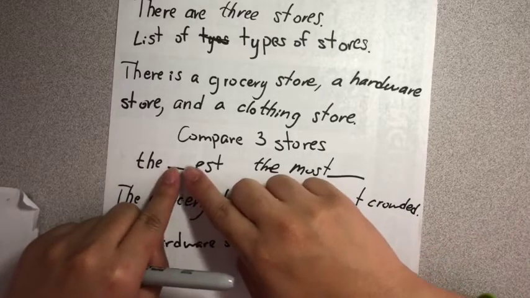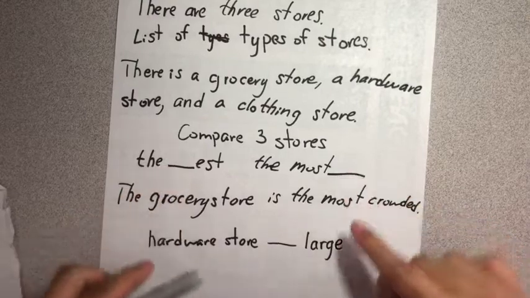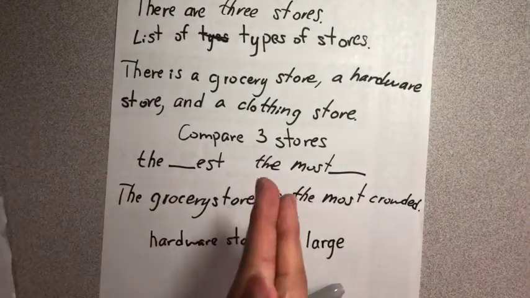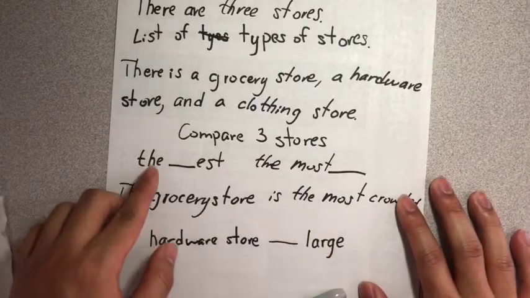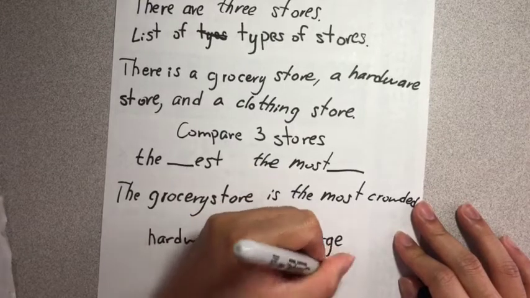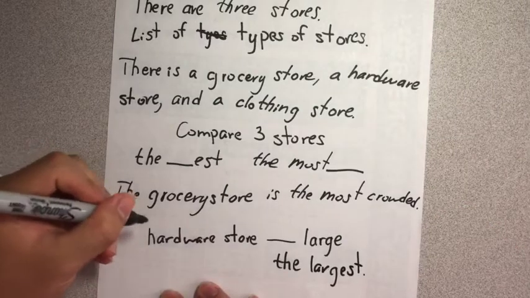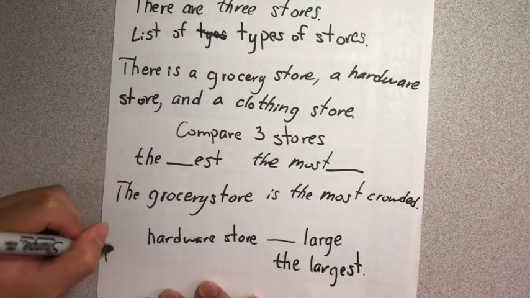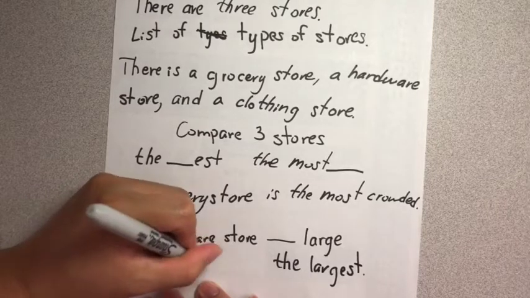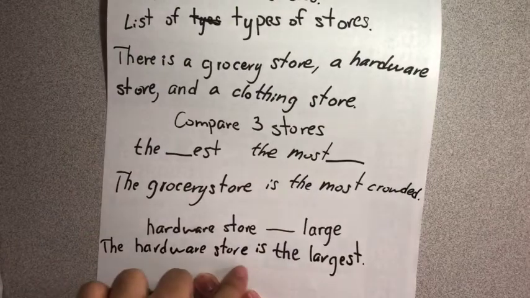This is for words that have 1 sound, 1 syllable, and this is for words that have a lot of sounds. Large. How many syllables are in the word large? Large has 1 syllable, so we say the largest. So, the hardware store is the largest.